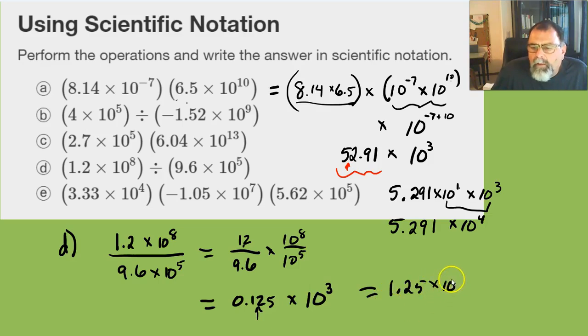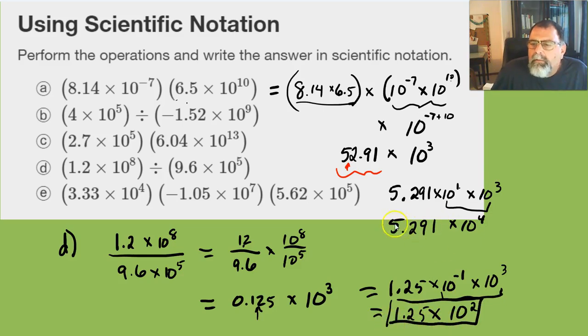So if I go left one place, that's a negative 1. And then I have the times 10 to the 3. Now use exponent rules on this portion. So it's 1.25 times 10 to the negative 1 plus 3. It's 2. And this is my final answer on that one.